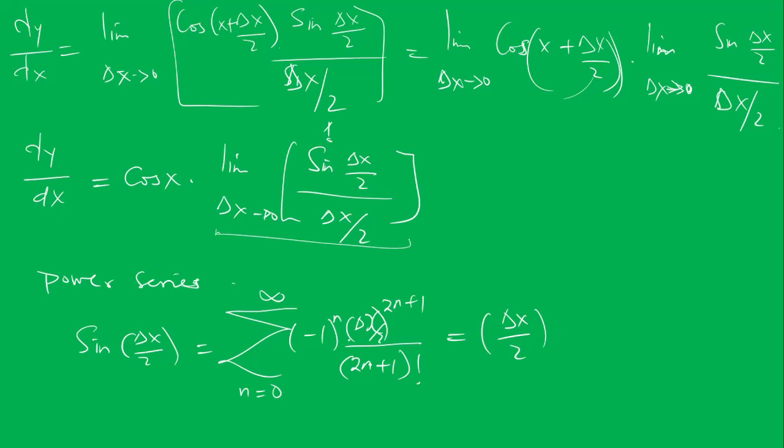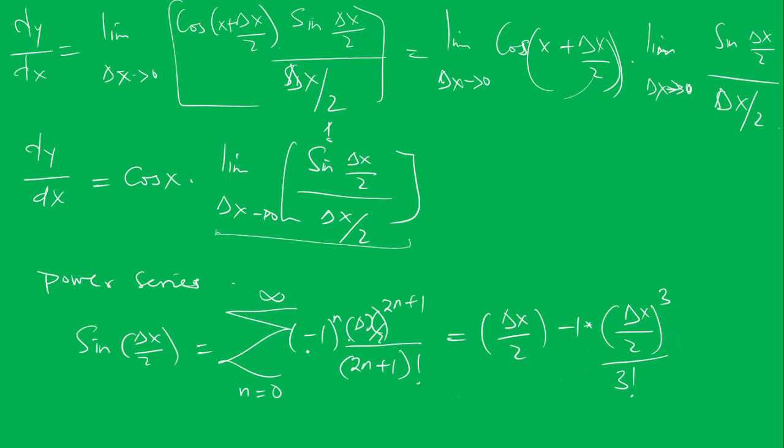If you put 1 here, you have minus, delta x all over 2 to the power 3 divided by 3 factorial.